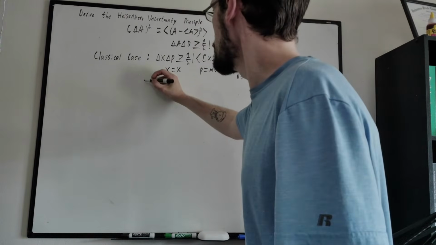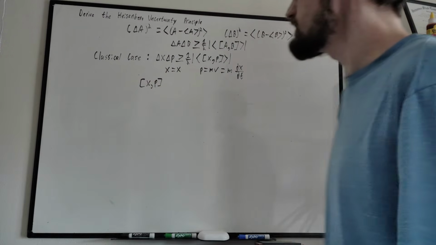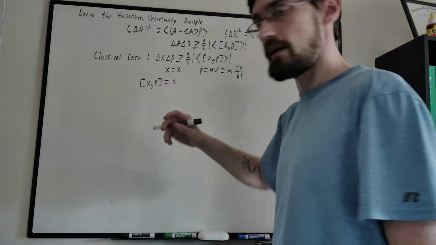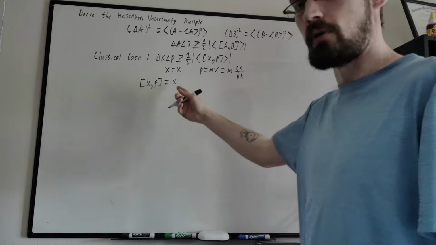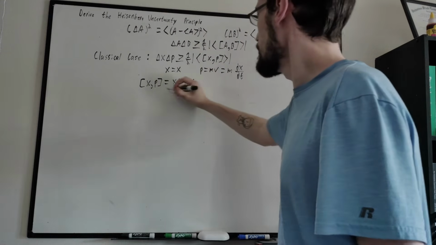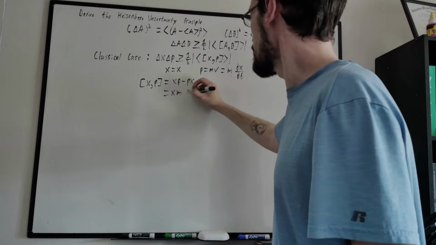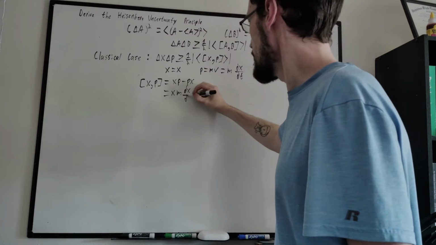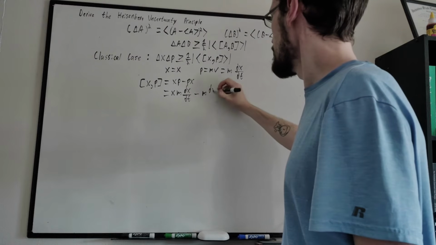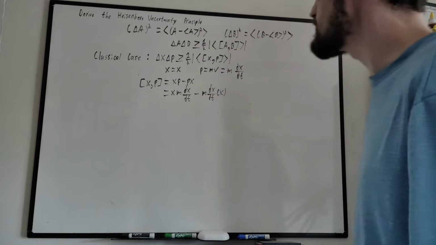So if we were to calculate the commutator for position and momentum, which, by the way, under the definition of the Lie bracket, is equal to x times p minus p times x, well, that's just equal to x times mass times the derivative of position with respect to time, minus mass times the derivative of position with respect to time multiplied into x.